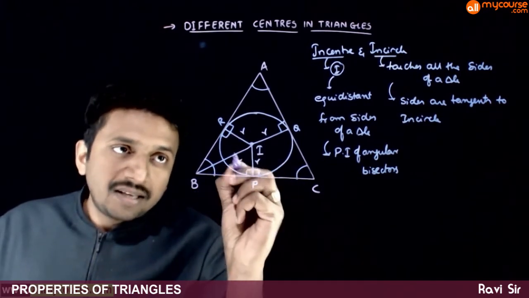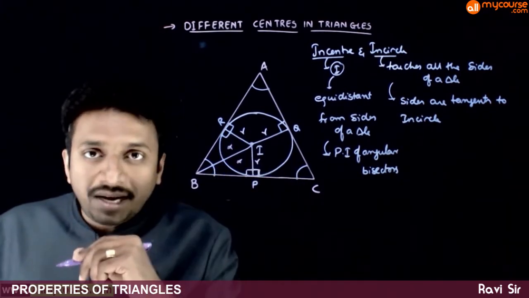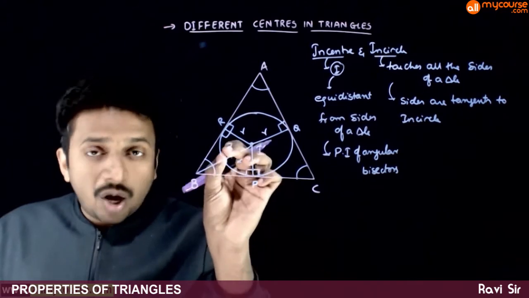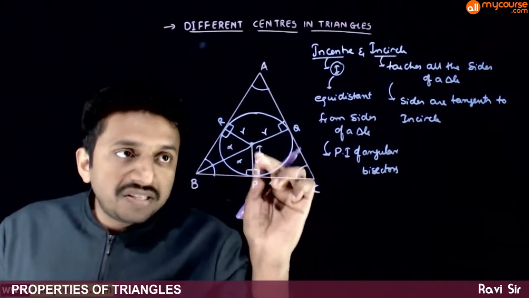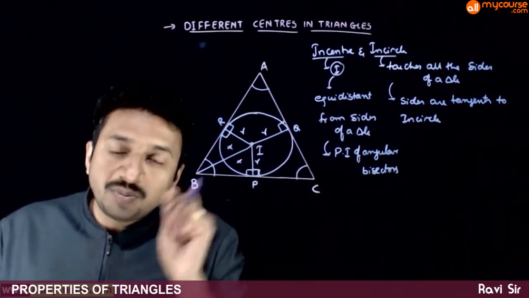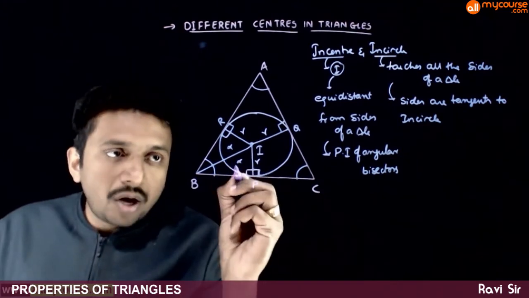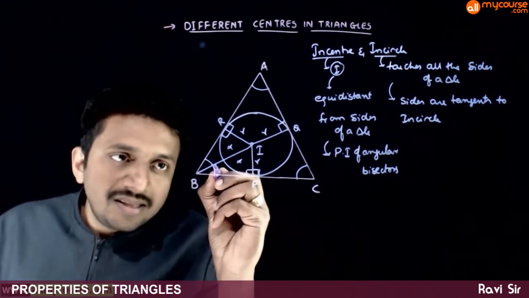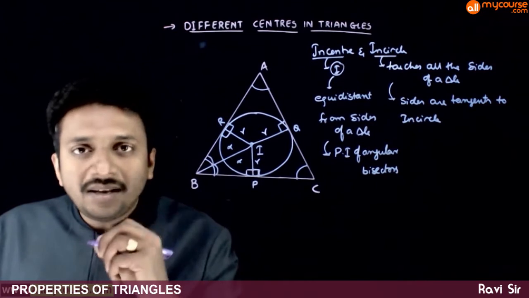These two triangles have one angle equal to 90 degrees. The hypotenuse is common for these two triangles and one of the sides is the same for both, which is r. And this triangle is congruent to this triangle, hence this angle has to be equal to this angle.